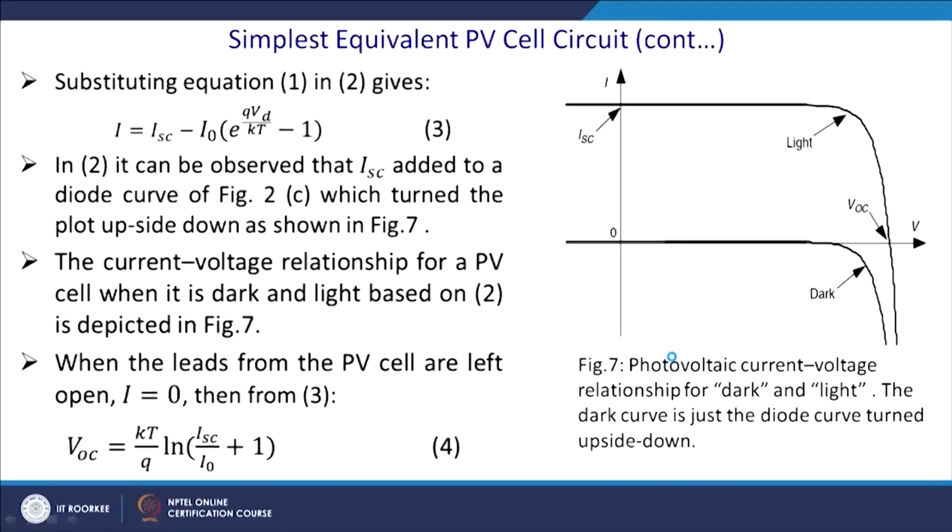Now, considering this equation, we know that I equals I_SC minus I_0, and this is essentially I_D, so I_0 e to the power qV/kT minus 1. Observing this equation and equation 2, we can see that I_SC is added to the diode curve of figure 2c.